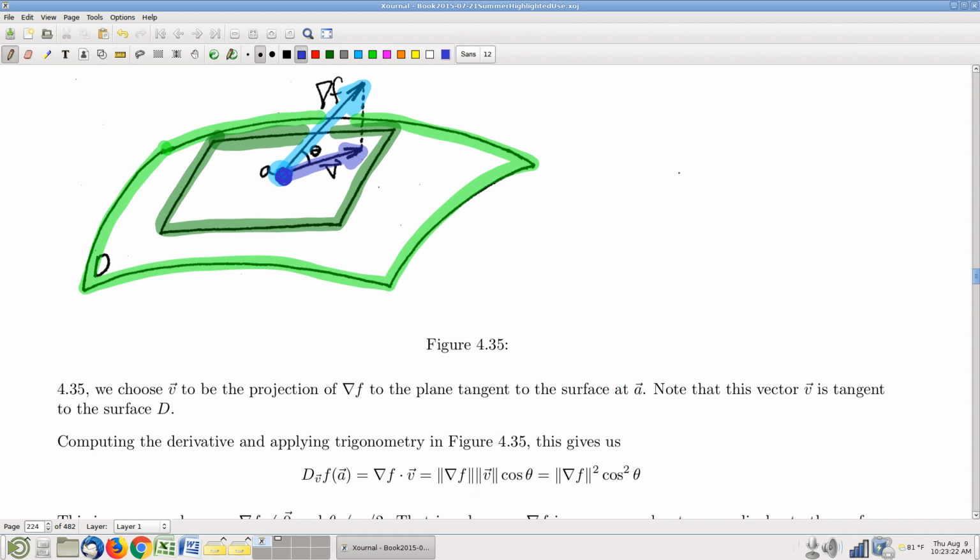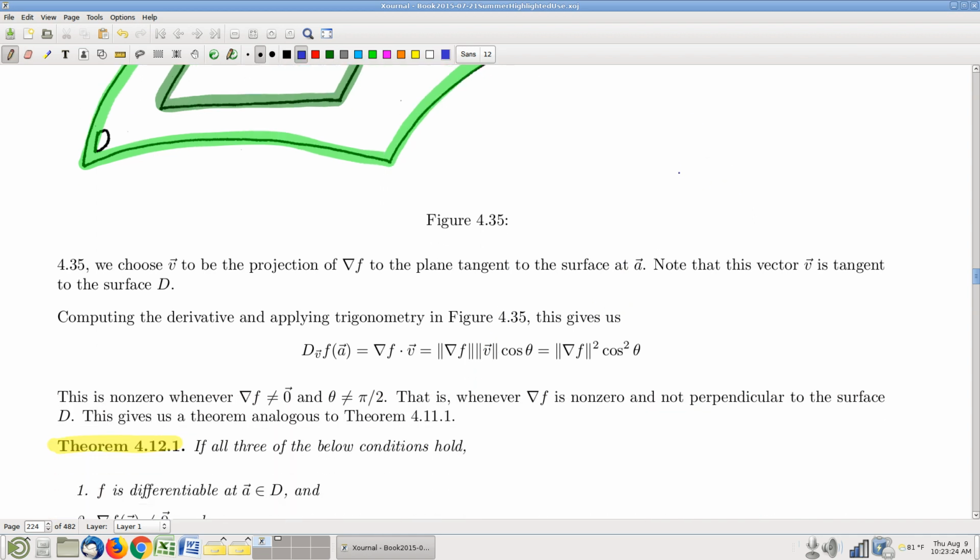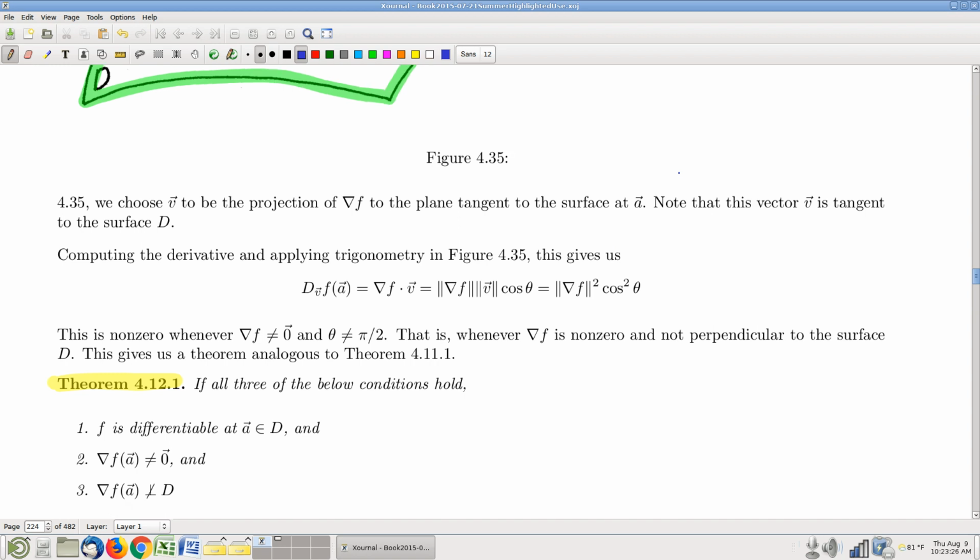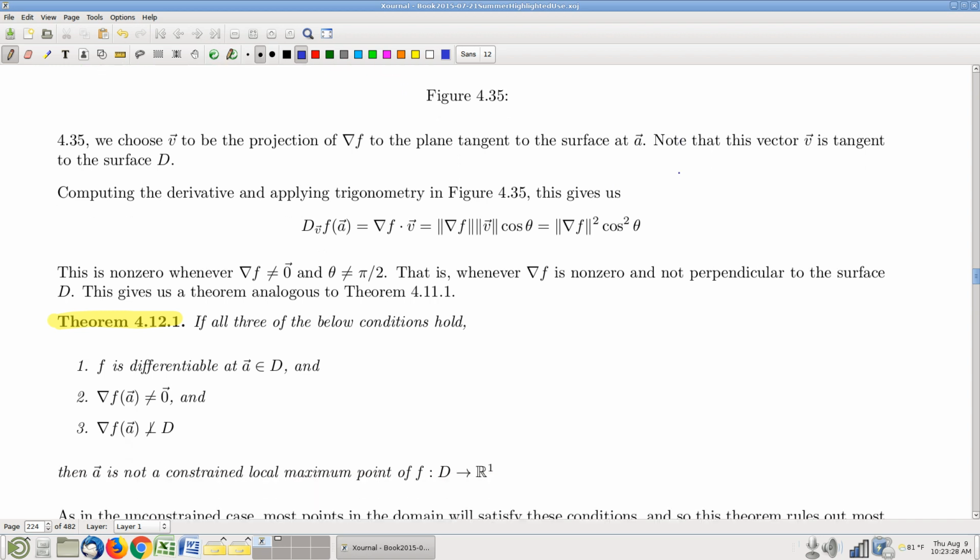And now, just like with the single variable case and the interior case that we talked about a few minutes ago, all we have to do is figure out where this process of elimination fails. What are the assumptions that go into saying, and therefore this can't be a maximum? Well, I did this calculation.